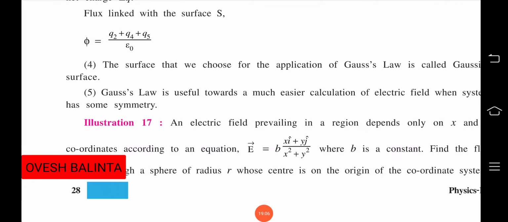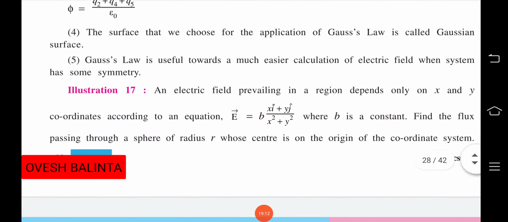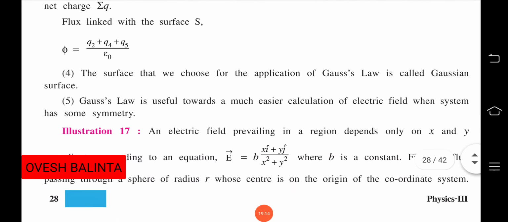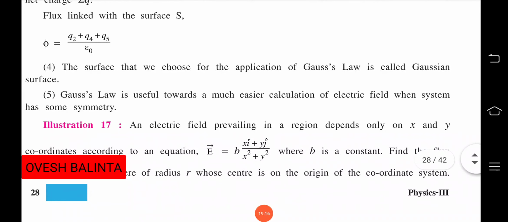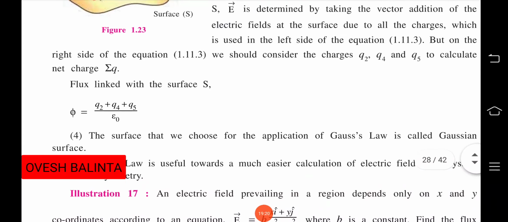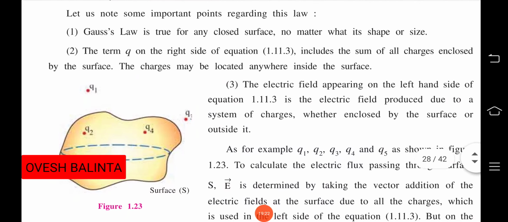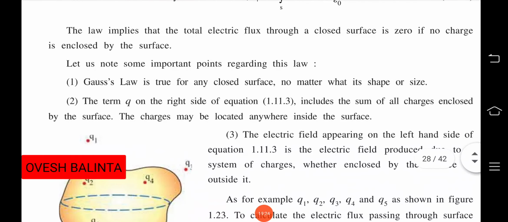The surface that is chosen for applying Gauss law is called the Gaussian surface. We have already discussed all these topics. Gauss law is true for any closed surface, no matter what its shape or size.